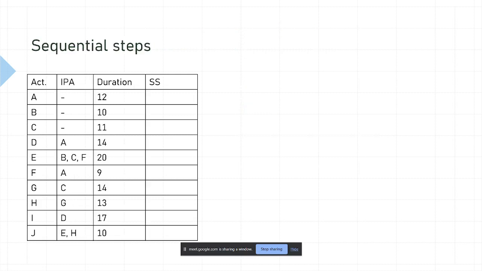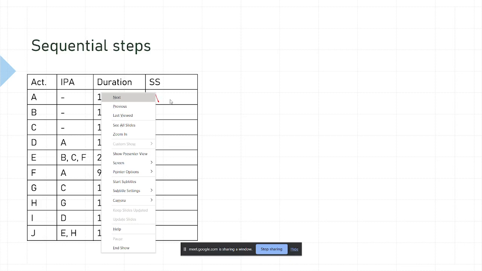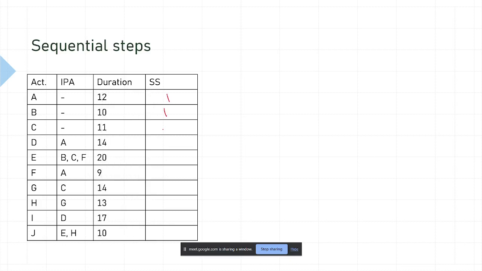Okay. So first of all, we'll start with sequential steps, as you said. Now, as we can see, A, B, and C have no IPAs, right? So they can be SS1, right? Yes, sir. Now what should be for D? What I will do is, if A, B, and C were already numbered, I will cross them off so that it helps us.